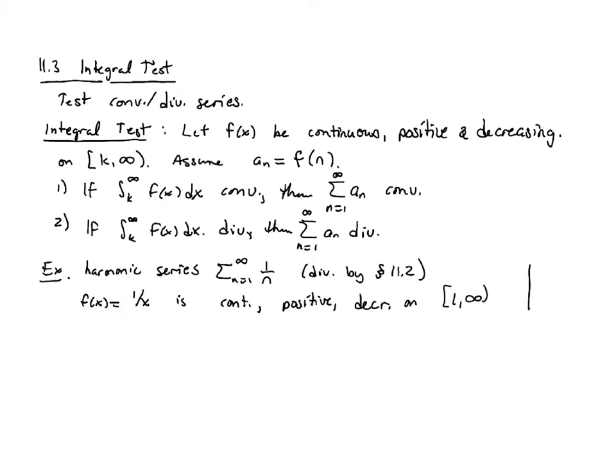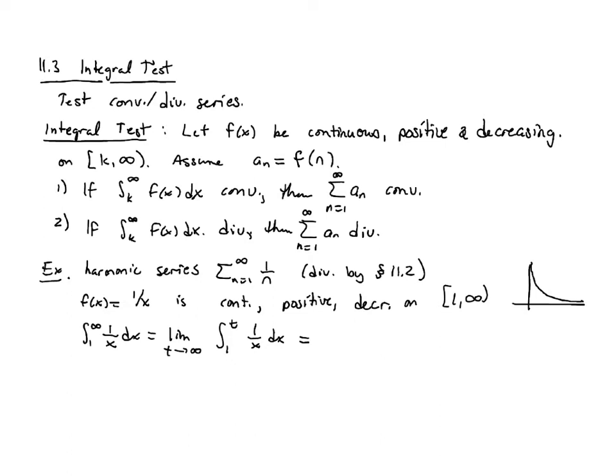And that's because the graph of that function has this shape. And we know that the integral from 1 to infinity of 1 over x dx, we compute as the limit as t goes to infinity of the integral from 1 to t of 1 over x dx.